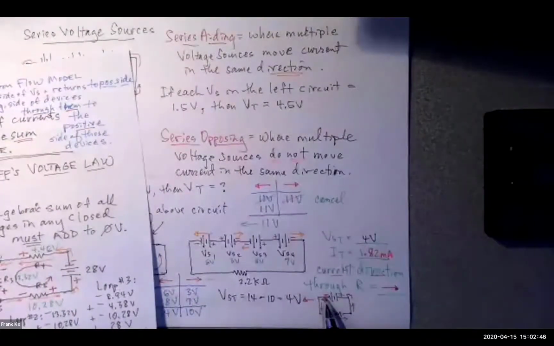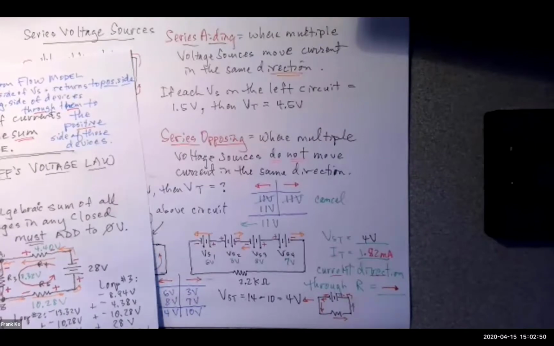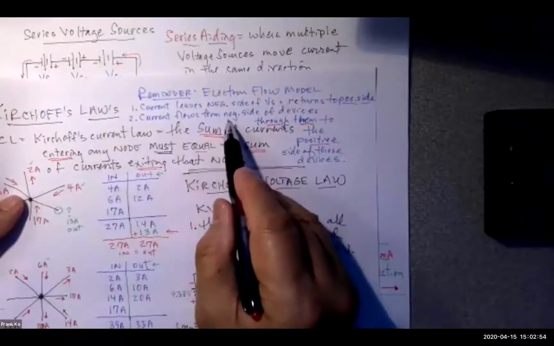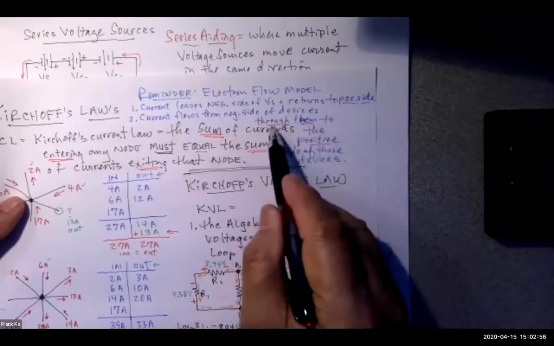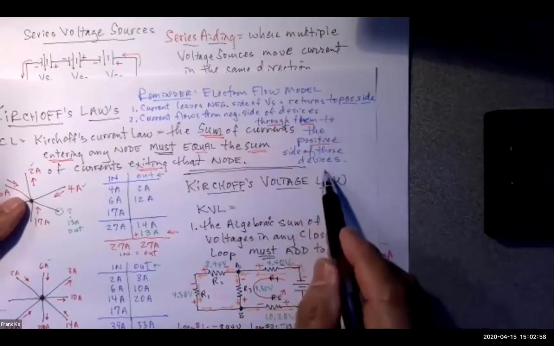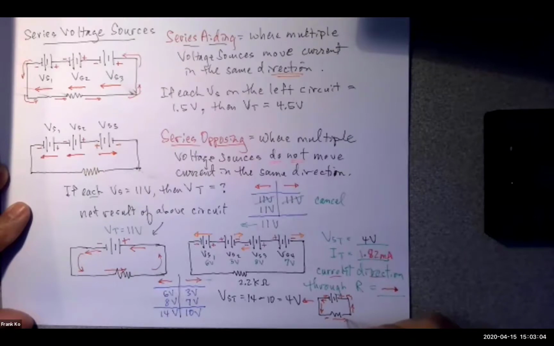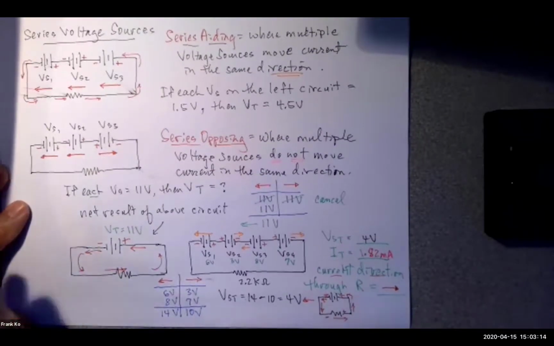Did it leave the negative side of the source and then return to the positive side? The answer is yes. And then electron current flows from the negative side of the device through it to the positive side of the device. So this side of the device would be negative, this side would be positive, and it flows from the negative through it to the positive side back to the source. In this instance, the current through the resistor is to the right.